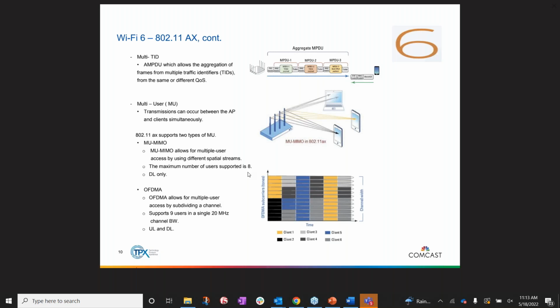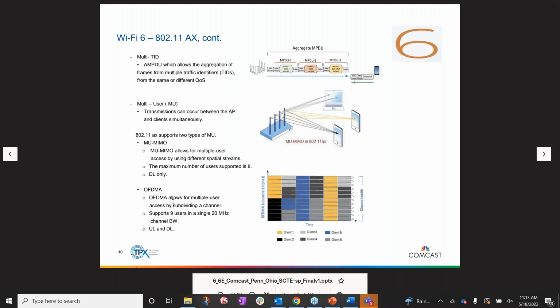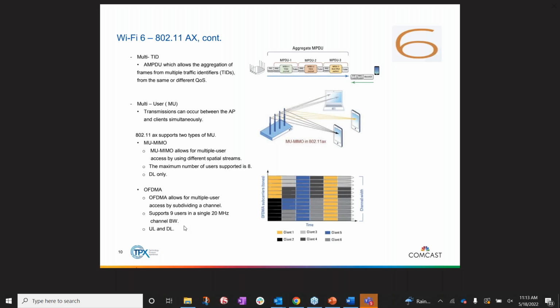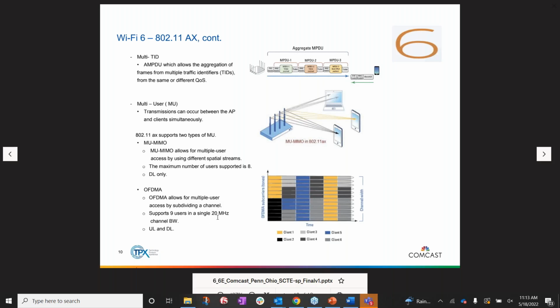That is the maximum that MU-MIMO supports. But in OFDMA, the bandwidth is divided into finer-grained, smaller bandwidth, and depending on the client's needs, it assigns resource units and talks to the clients. So here, in a 20 megahertz bandwidth, it can accommodate 9 different clients. That means if you go all the way to 160 megahertz, it can accommodate 74 clients.